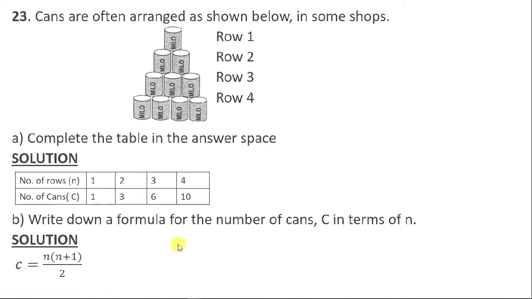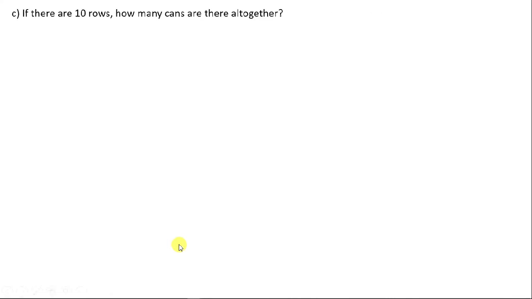We continue. Part C is saying if there are 10 rows, how many canes are there? So we'll use the formula C is equals to n, open your brackets, n plus 1 divided by 2 to solve. Where there's n, since n is the number of rows, we are going to substitute a 10.